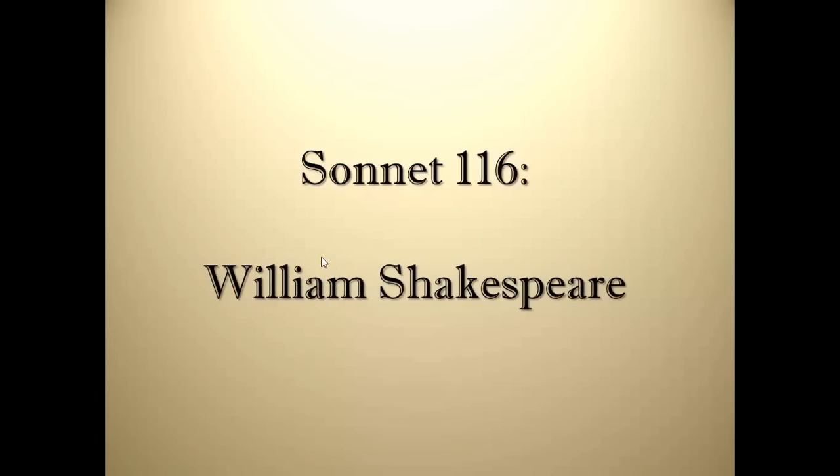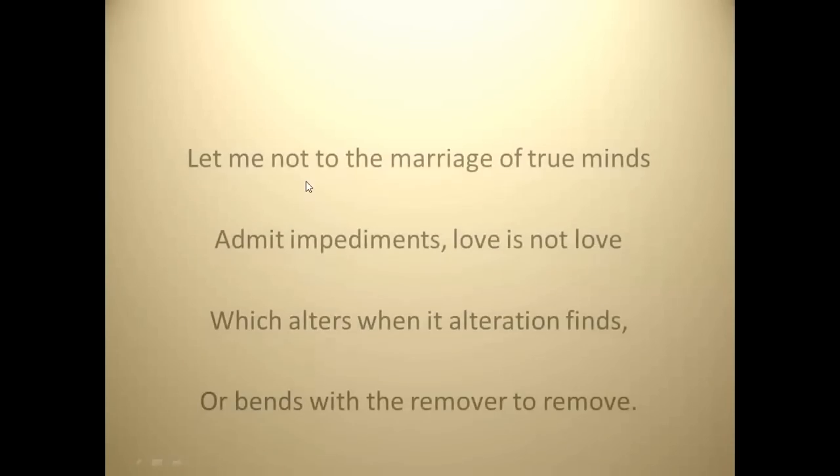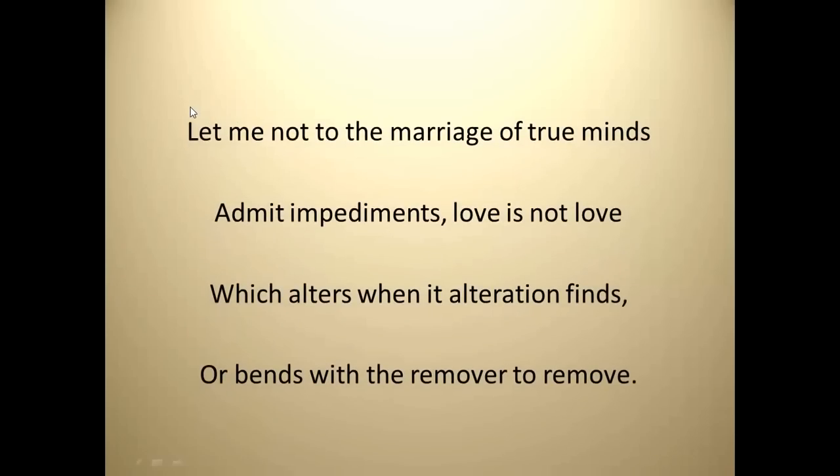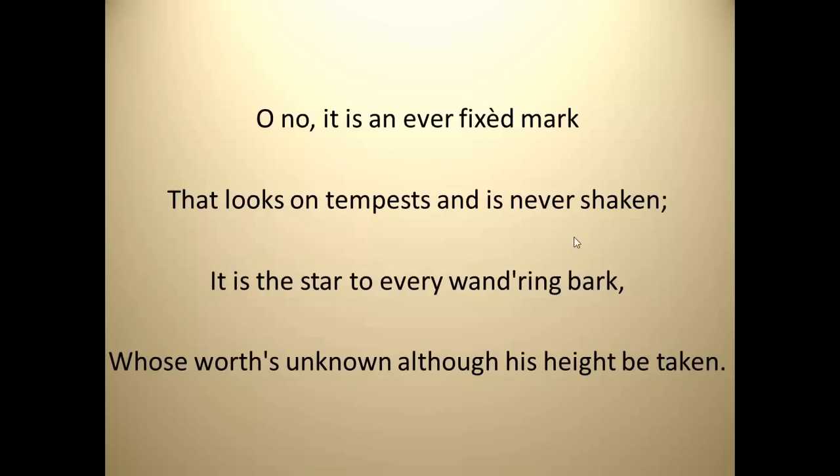So if we look now at Sonnet 116 by William Shakespeare, we can examine the structure of the sonnet. So here we see lines of iambic pentameter in the first quatrain, with a rhyme scheme of A, B, A, B. In the second quatrain, we see again lines of iambic pentameter.